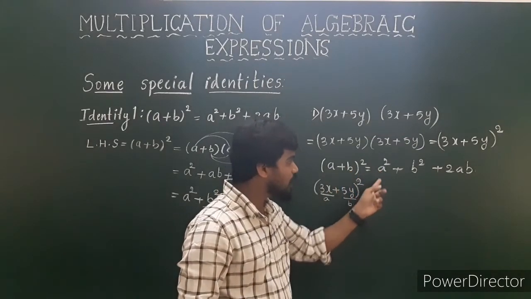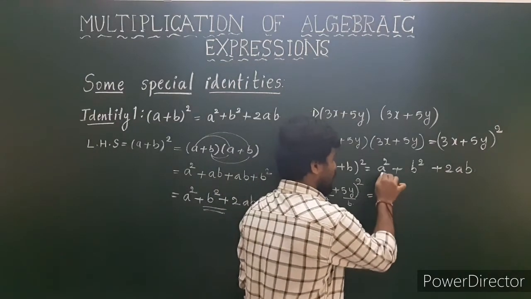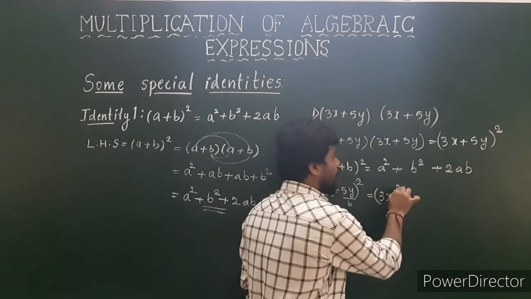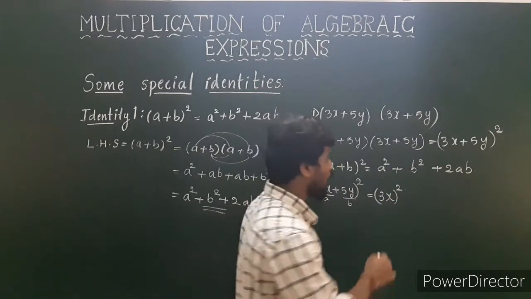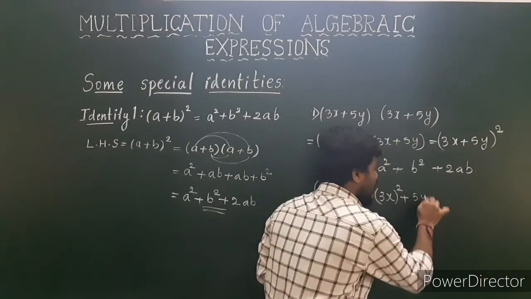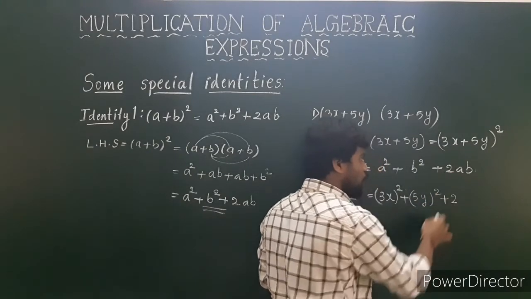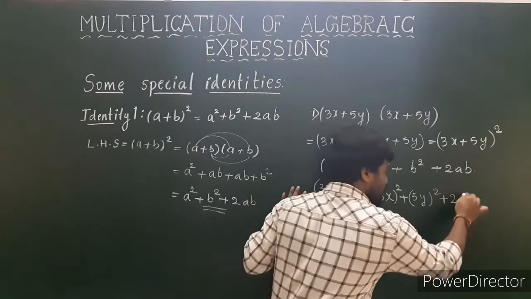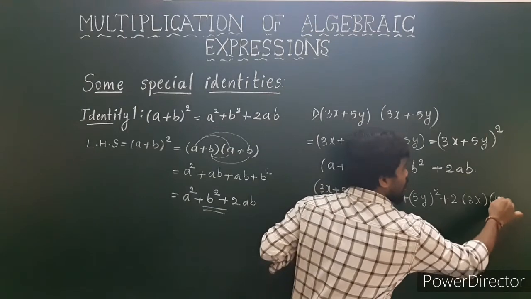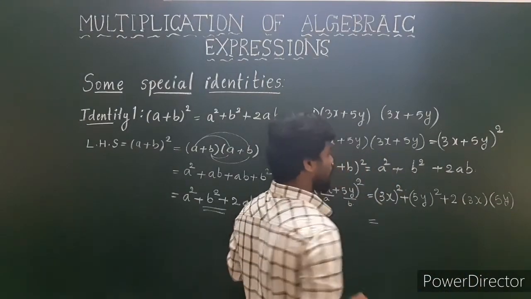So write first: in the place of a you have 3x, so substitute here 3x whole square, and in the place of b you have 5y, so 5y whole square, plus 2. In the formula you know that it is 2, a means 3x, so substitute 3x, b means 5y, so substitute 5y. So now is equal to.